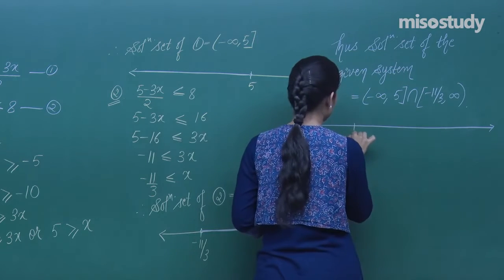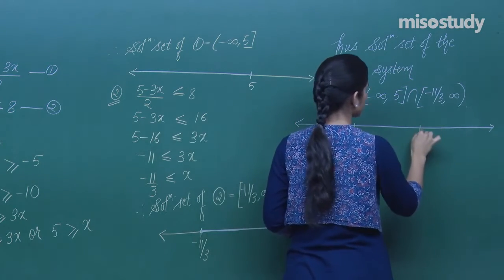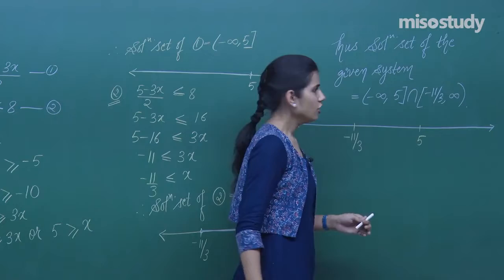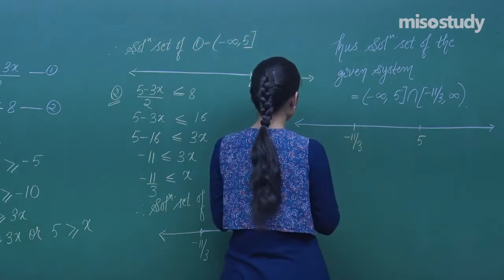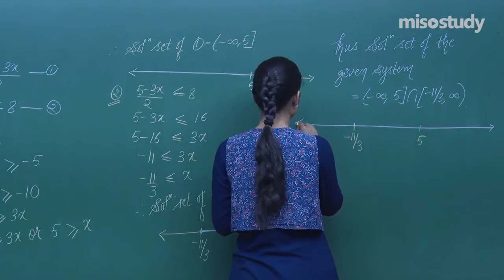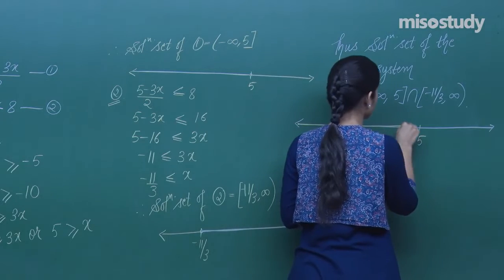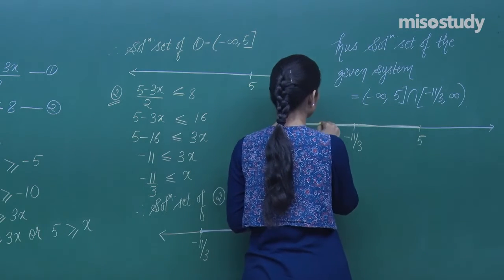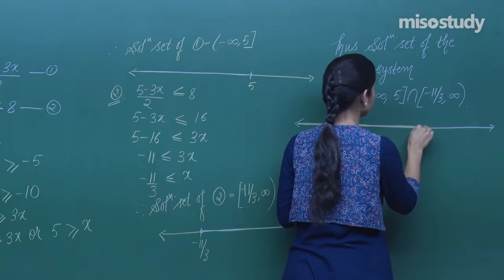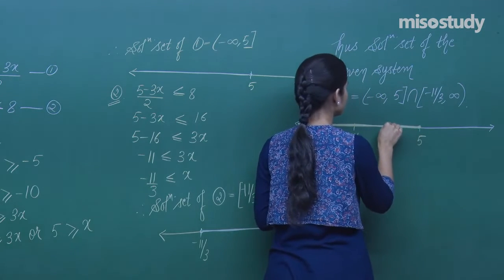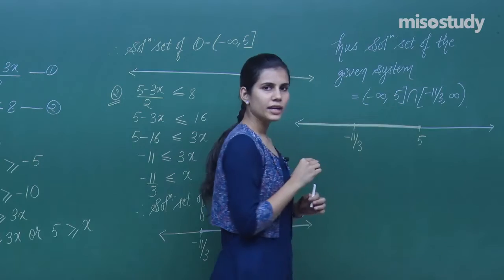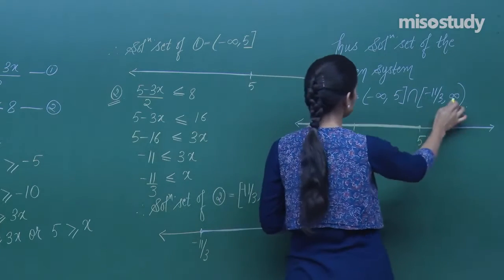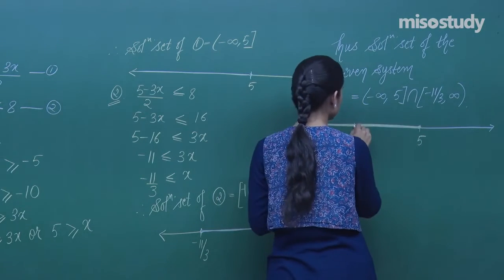Here you have minus 11 by 3 and somewhere here you have say 5. One says minus infinity to 5, 5 included. So you basically have this complete thing, 5 is included. Next you have minus 11 by 3 comma infinity. This is also included.